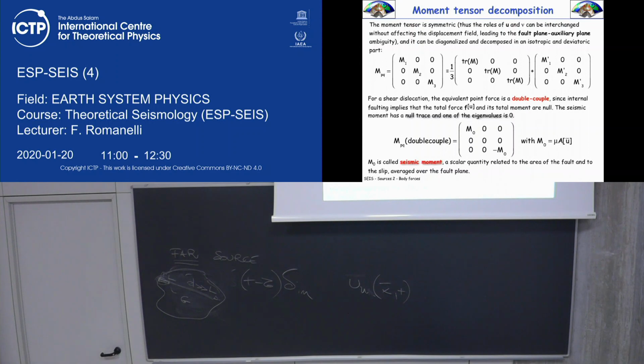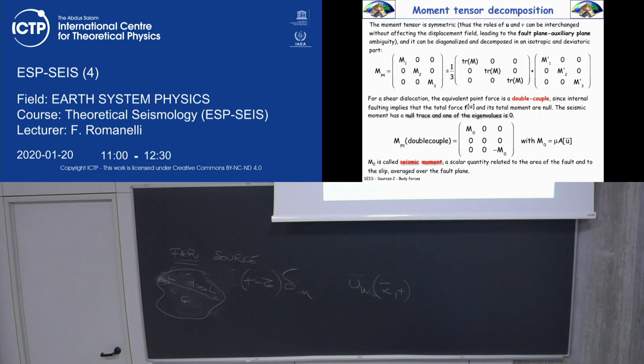This will reflect when we discuss the focal mechanisms, but we will never be sure which one is u and which one is ni, or vice versa, just looking at the pure radiation. This is called the fault auxiliary planes ambiguity, just related to its symmetry. Okay, let's remember, it's symmetric.